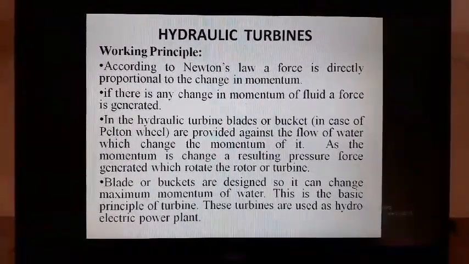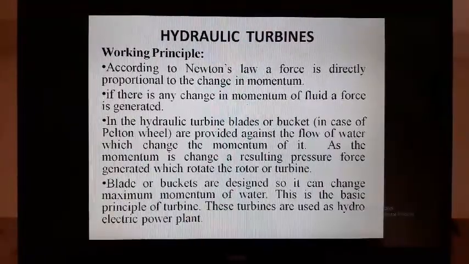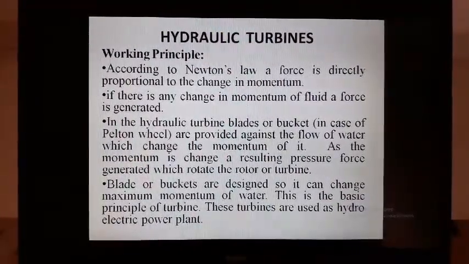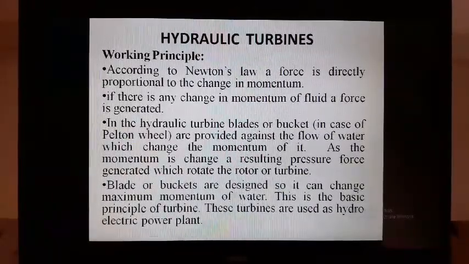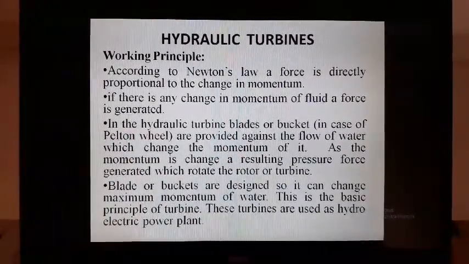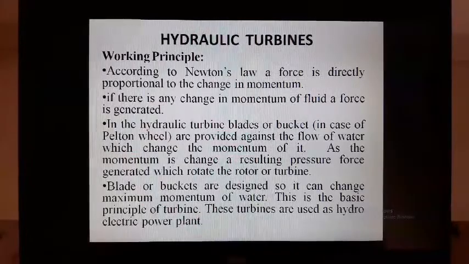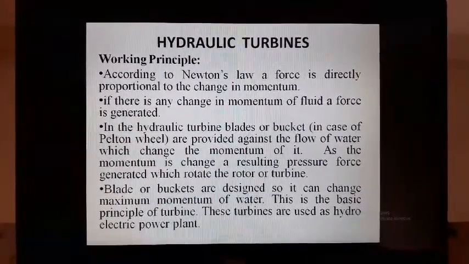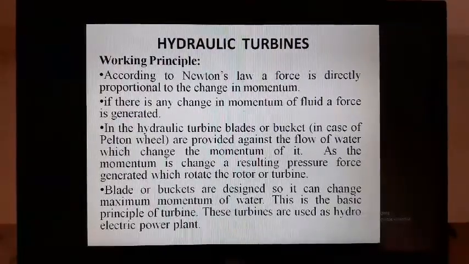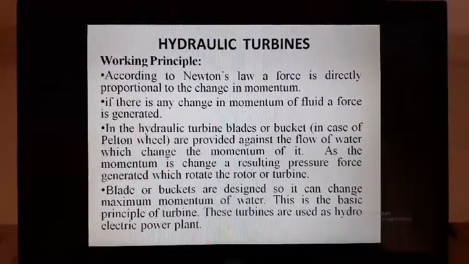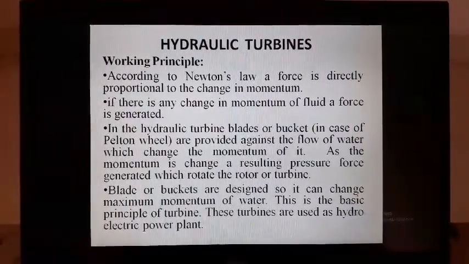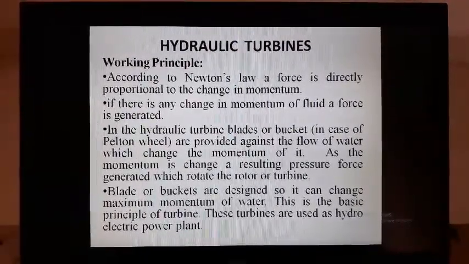which on striking the blades or buckets of the turbine, there is a change in the momentum of the fluid. So, due to the change in the momentum of the fluid, a resulting pressure force is created, which is exerted on the blades of the turbine. Hence, the rotor of the turbine rotates because the blades or guide vanes are attached to the rotor.